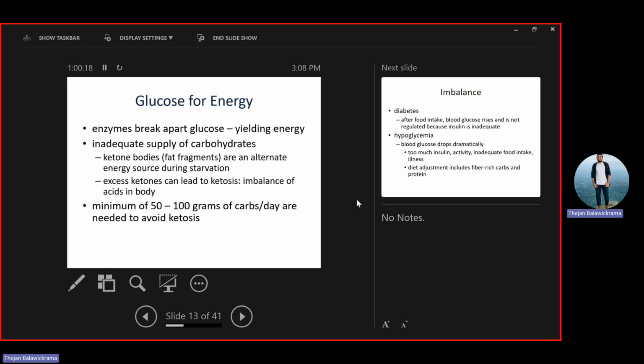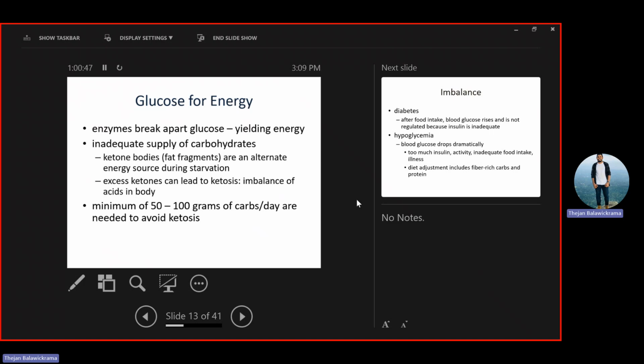When we don't have enough aldoses, that means aldehydes, what is happening? There will be an excess of ketones, right? We know the difference between aldehydes and ketones, isn't it so? So there should be a balance. The moment this balance goes off, ketones will be high. There's an imbalance, and basically this situation is called ketosis, right?